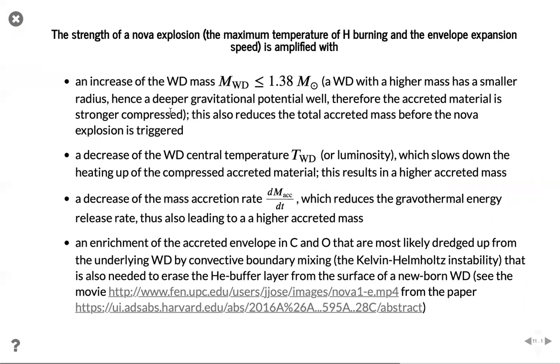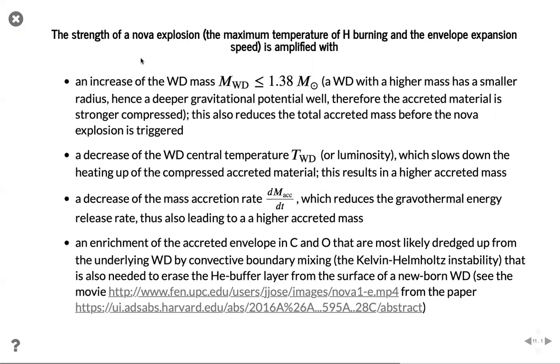Let me just summarize the main properties of nova explosion. So, the strength of a nova explosion. By strength here, I mean the peak temperature that is reached during the explosion at the bottom of the accreted envelope.